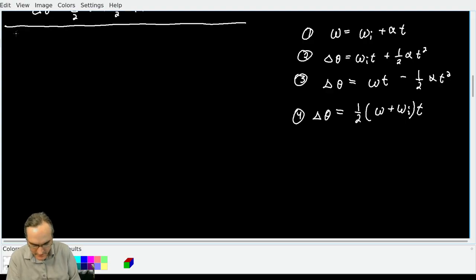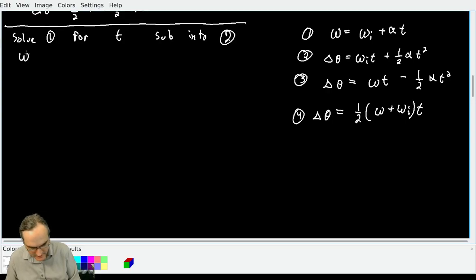So we will solve 1 for t, substitute into equation 2. All right, so let's see. That's going to be omega minus omega initial over alpha gives us t. And substituting into 2, delta theta is omega initial t plus 1/2.